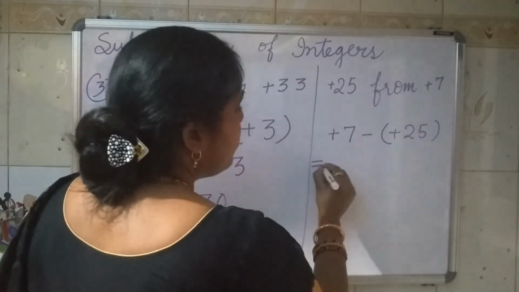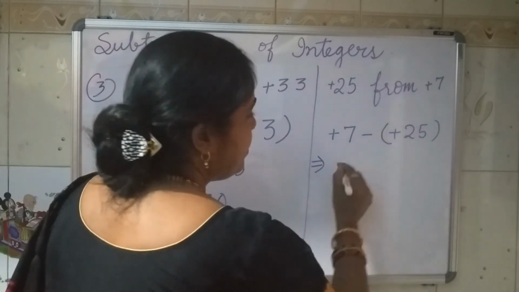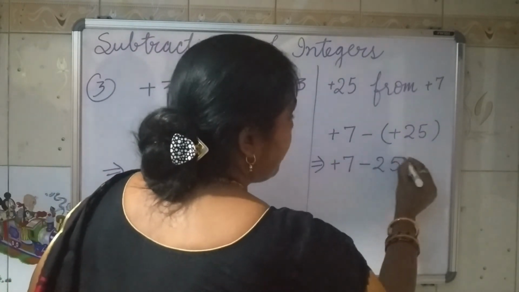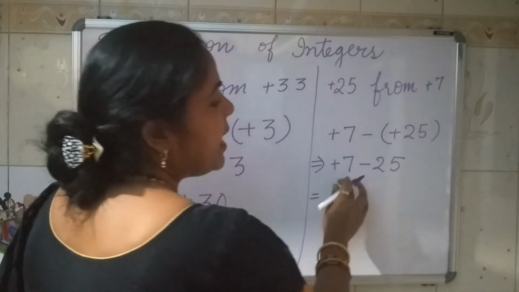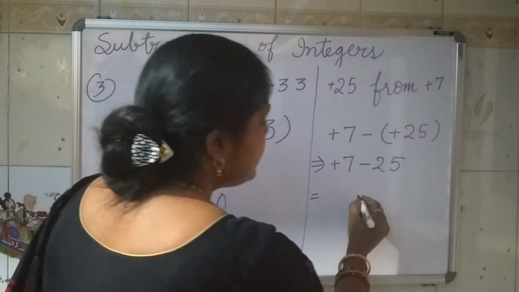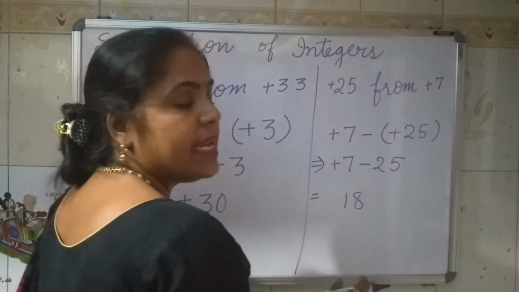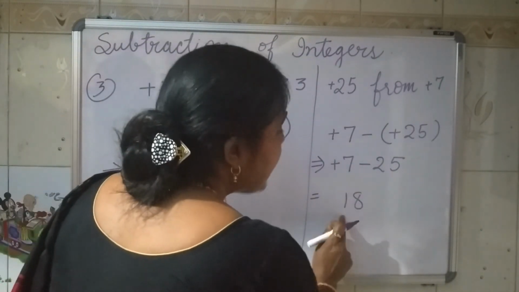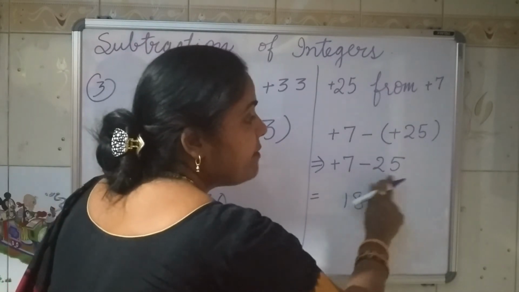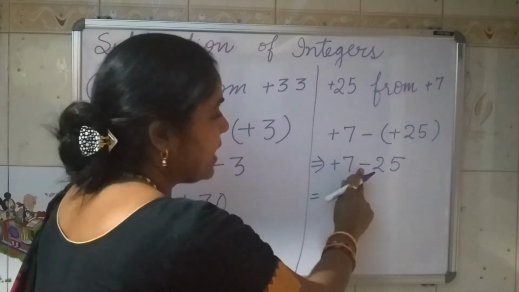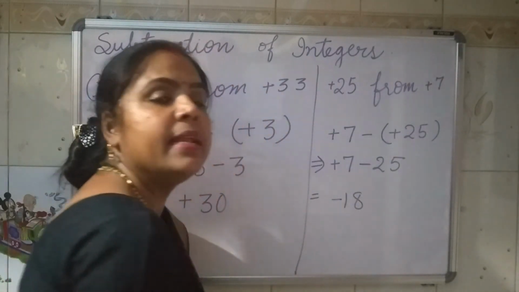Now if I open it, this minus and plus will make it minus 25. We have to do the subtraction. 25 minus 7: 15 minus 7 is 8, and this is 18. So 25 minus 7 is 18. Okay. But which sign will be there? The bigger number is 25 and the bigger number has the negative sign. So this answer also has the negative sign.